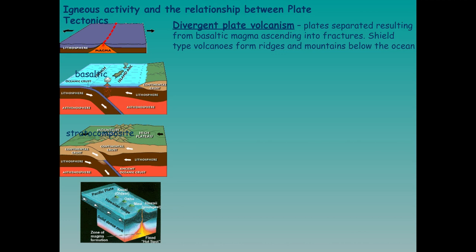And so again, as we said earlier, it's very common then on the ocean floor to find shield type volcanoes, because the divergent boundary sets up the boundary itself and the composition.